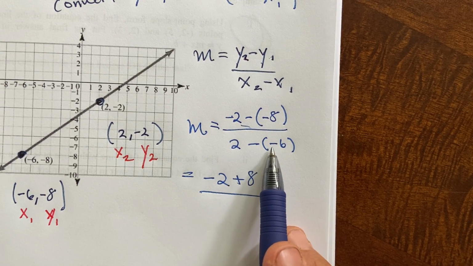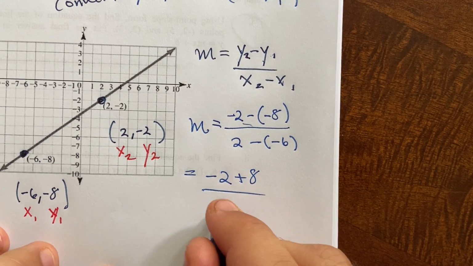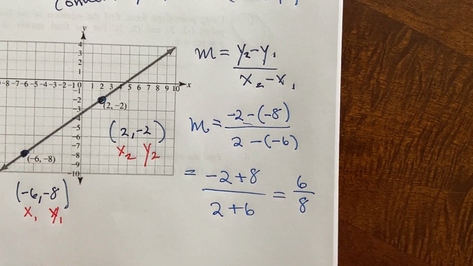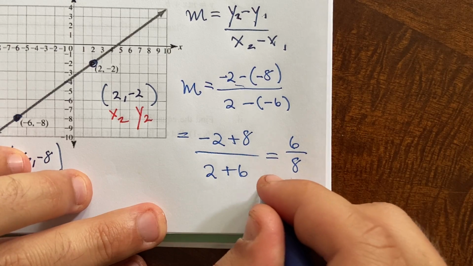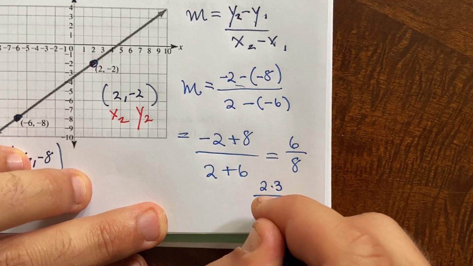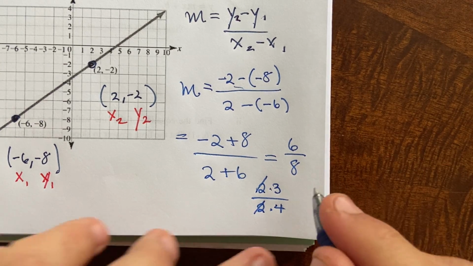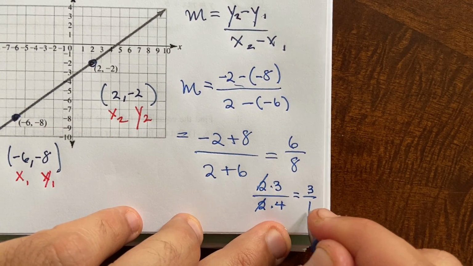And then a negative times a negative again turns into 2 plus 6. So I have 6 over 8. And that can reduce, right? I can cancel common factors. 2 times 3 up top, 2 times 4 below. So that slope would be 3/4.